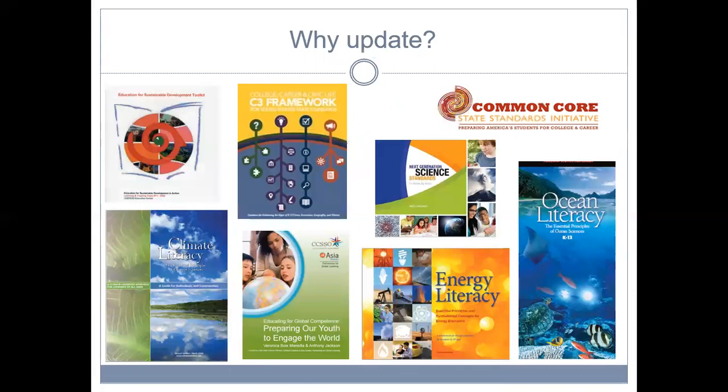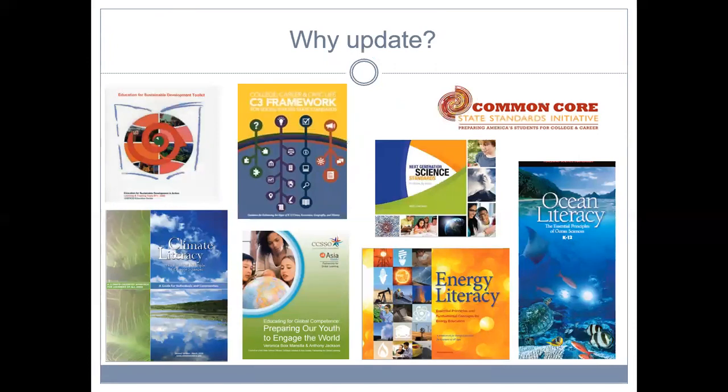So why are we updating now? Why is this a critical time period? A lot has happened since the last revision, which was in 2004. We've had several new national standards come out, including the Next Generation Science Standards, the Common Core standards, the C3 framework for social studies standards.